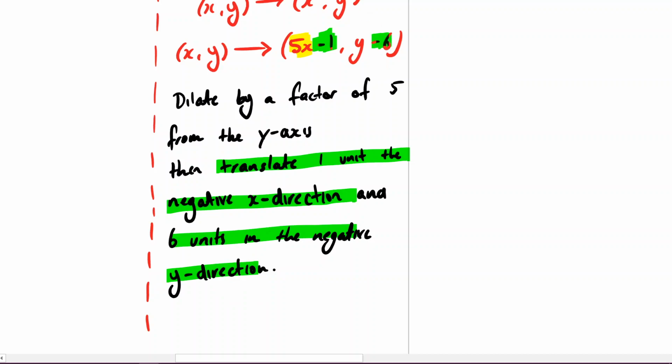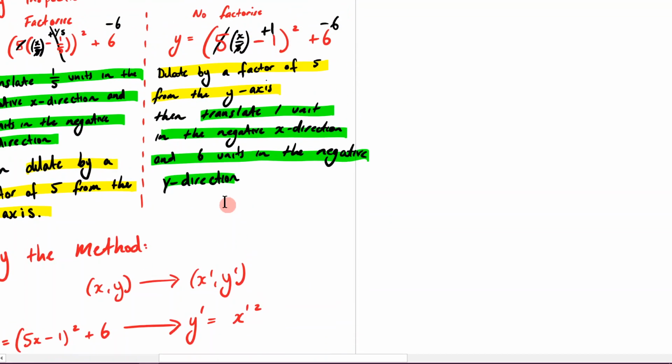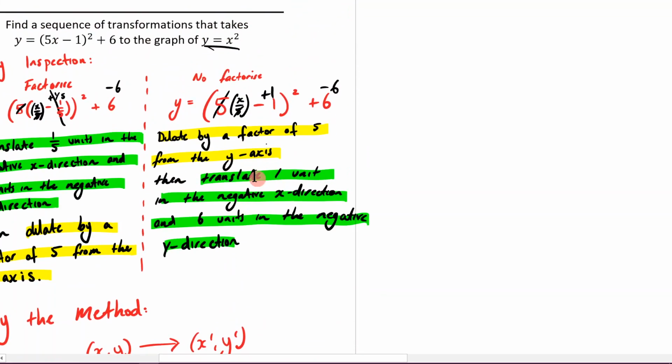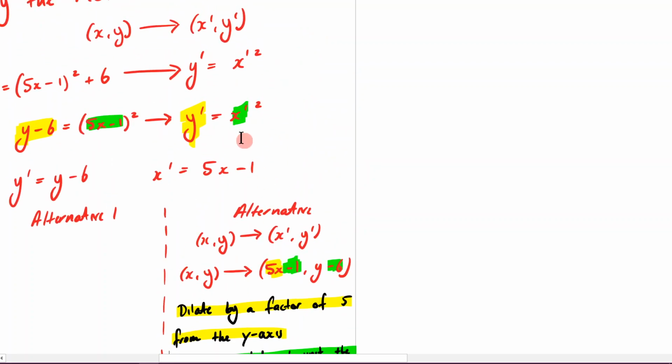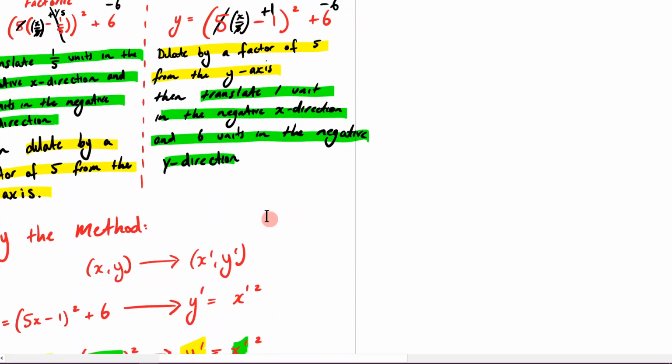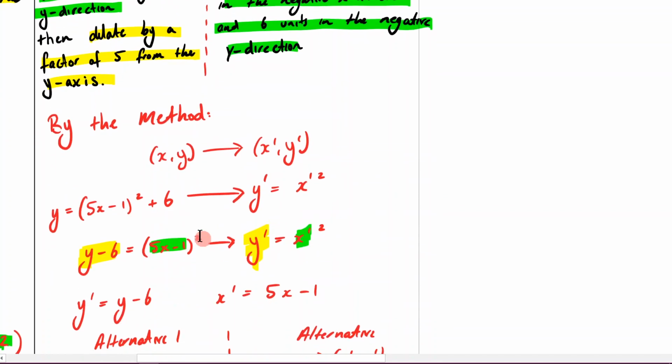But before I did that, I dilate by a factor of 5 from the y-axis. So you can see I'm just reading it straight off that, and doing it by this method corresponds to what we saw up here. This is the same thing. Doing it by this method, you're just a bit more secure in what you're doing, at least in my opinion. Doing it by inspection leaves some room for error sometimes. You're more likely to make a mistake maybe.